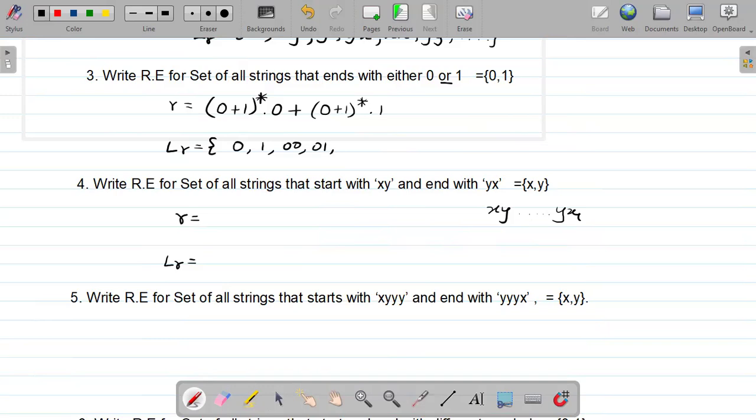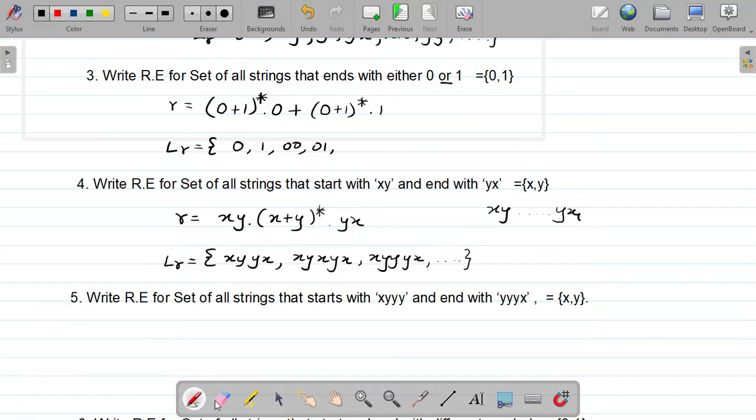So the regular expression will be xy dot (x plus y) the whole star dot yx. So if (x plus y) the whole star is epsilon, we'll get xy yx. If we get an x here, we'll get xyx followed by yx. Then xyy followed by yx, and so on.